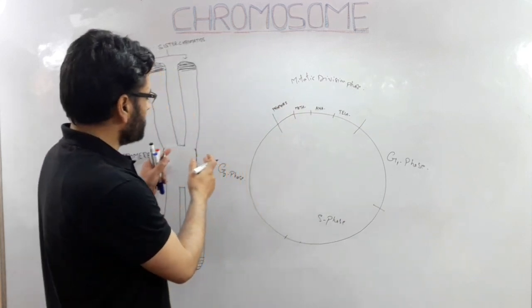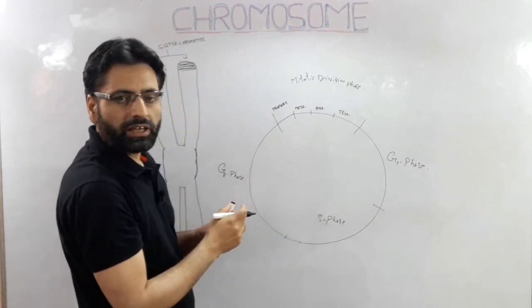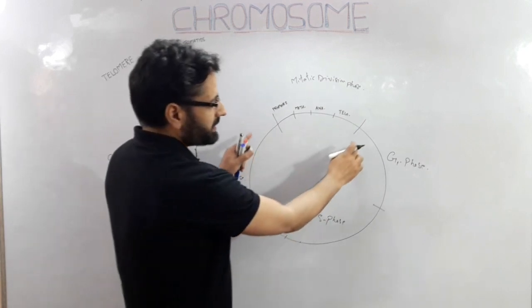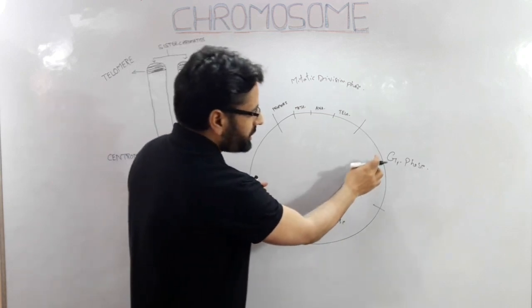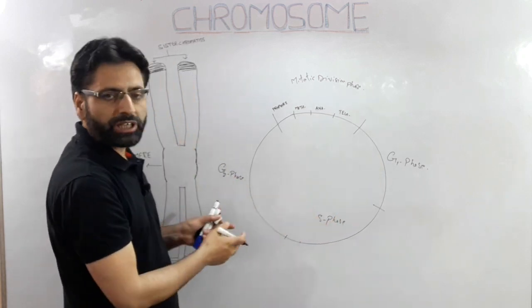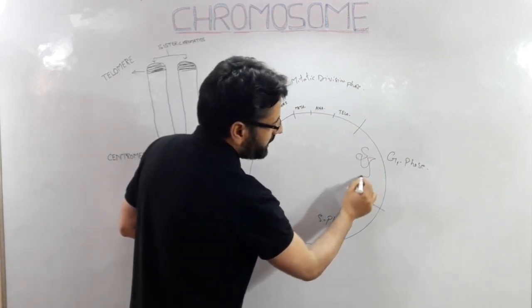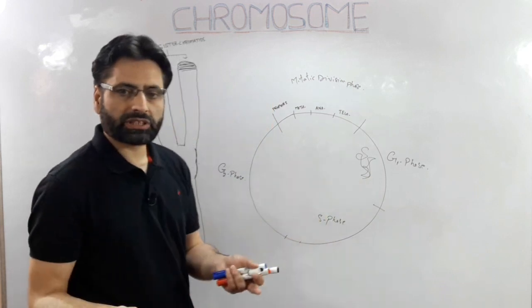If you consider the shape of the chromosome during the whole cell cycle, you will find that in interphase, that is in G1, S or G2 phase, the genetic material is in the form of chromatin, just like a thread-like structure.